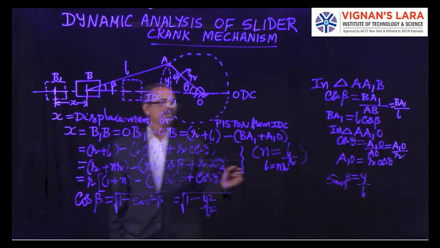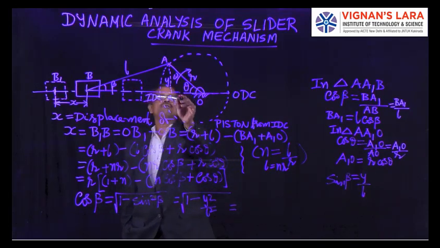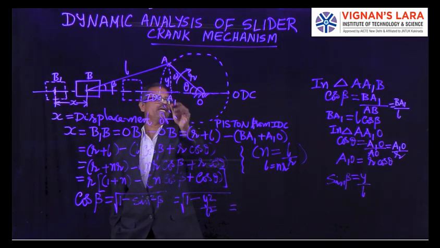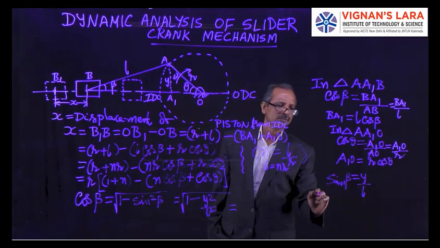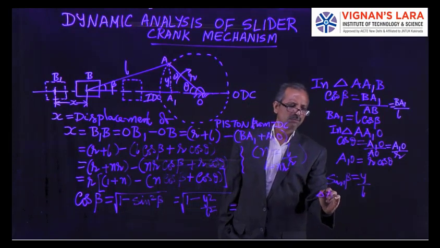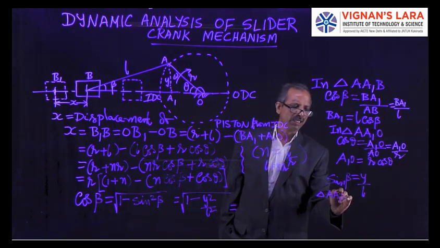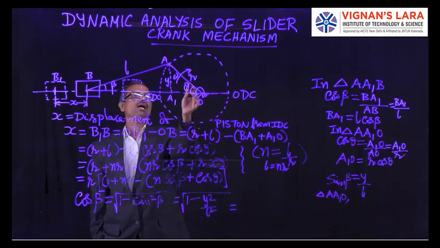Once again, what is y? In triangle AA1O, what is y in terms of r and theta?